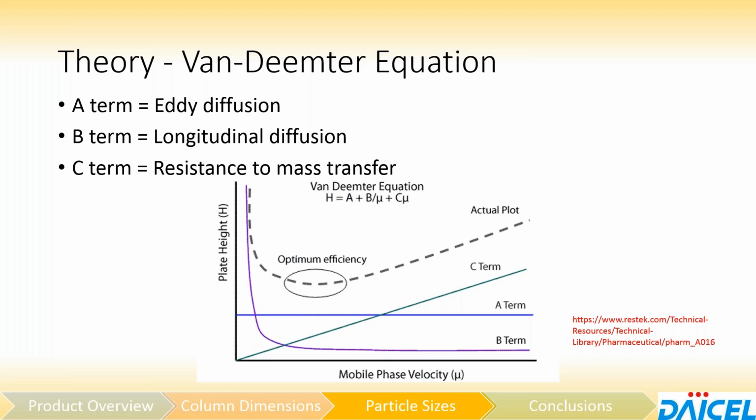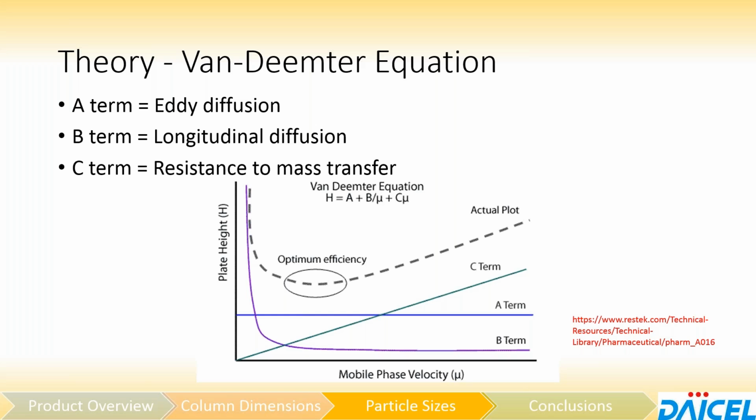Eddy diffusion, the A term, basically just describes the path that the analyte has to travel through the column. That is shortened by a smaller particle. And the resistance to mass transfer is the way in which we describe the ability of an analyte to interact with the stationary phase and then come back off of that stationary phase. The C term is diminished for smaller particles. It's easier to interact and come back off of a smaller particle.